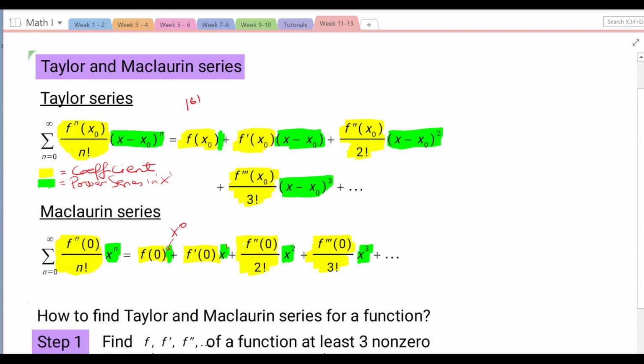So we can say that this is our zeroth term, but this is considered the first term, second term, and then this is the third term. Wait a minute, mistake. All of this is actually the second term, and then all of this is the third term, the fourth term, and so on.